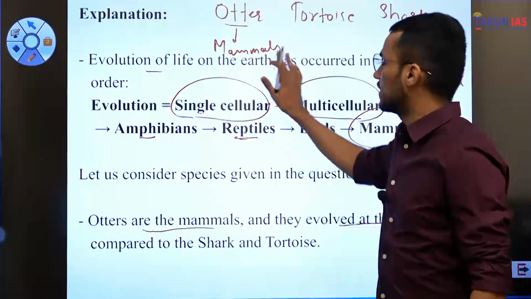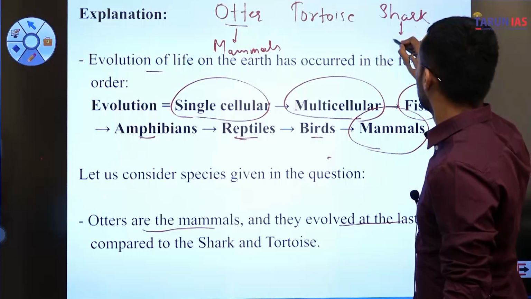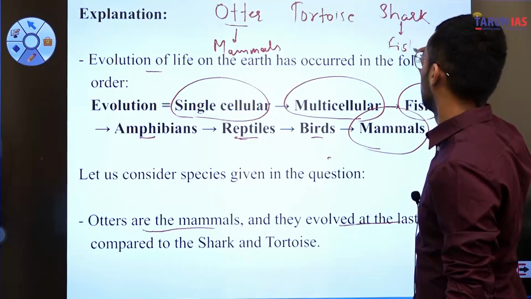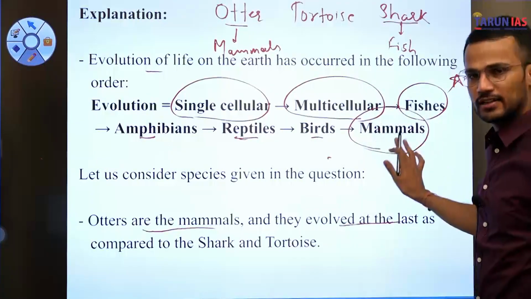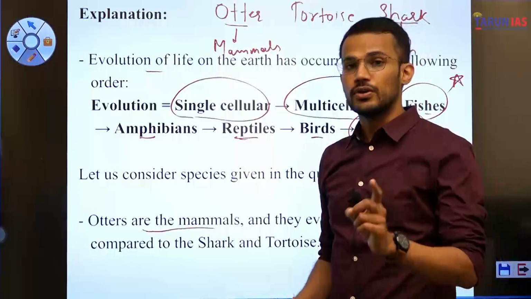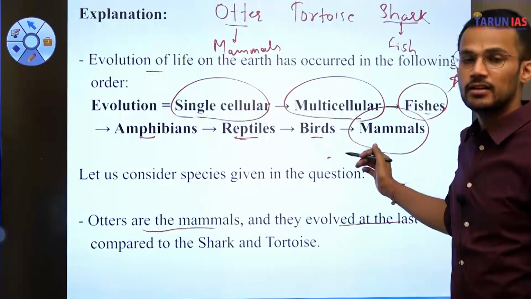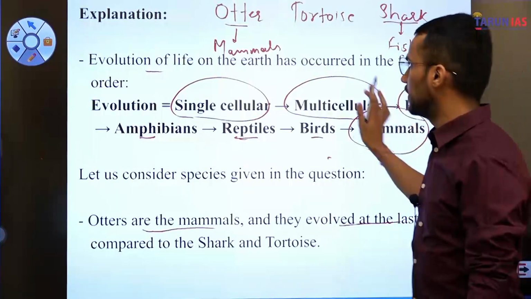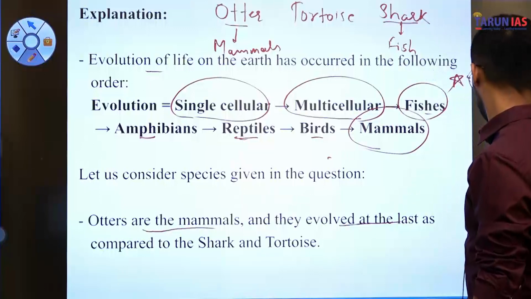So otters have evolved at the last. Then shark is a fish, obviously. And as this particular sequence tells us, it is sharks or fishes that have evolved before amphibians, reptiles, birds, and mammals. So it should be shark as the first choice of evolution, right?